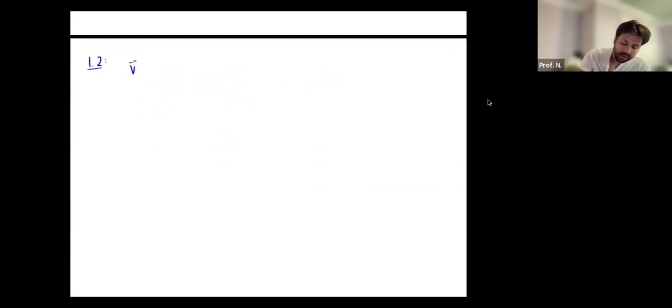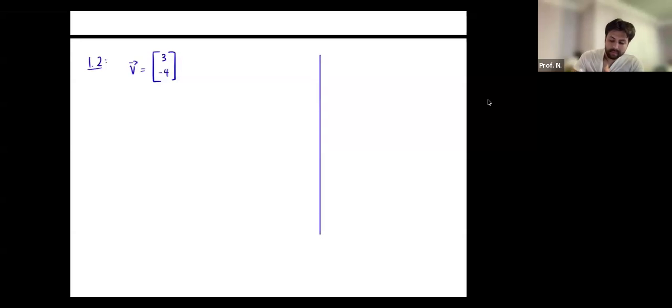So we have V, right? V is 3, -4. So where is V? On the axes, 1, 2, 3, and -4.